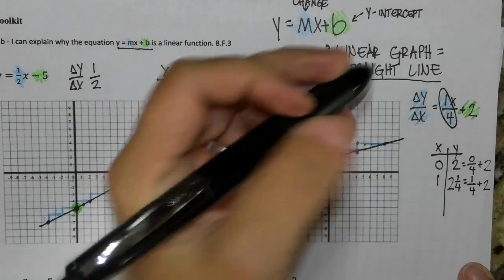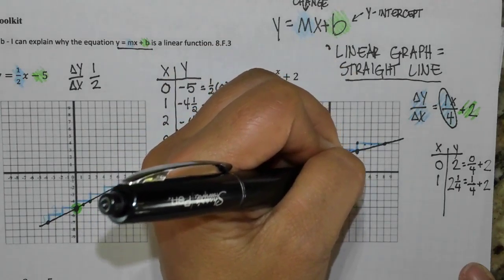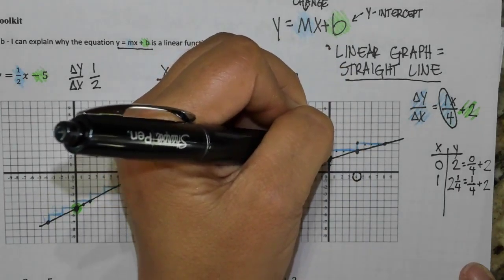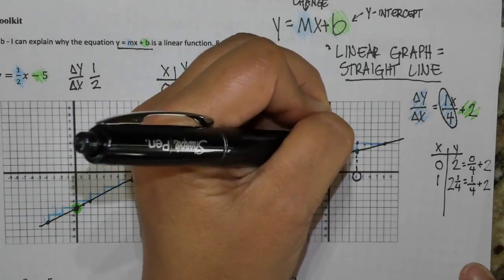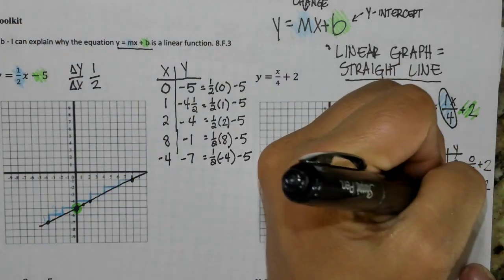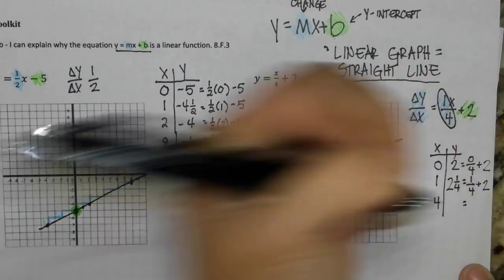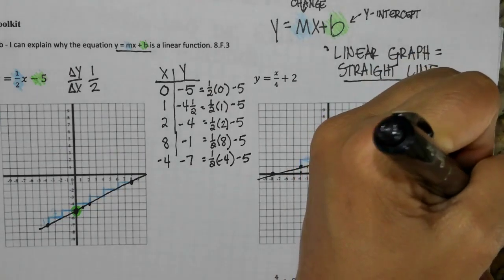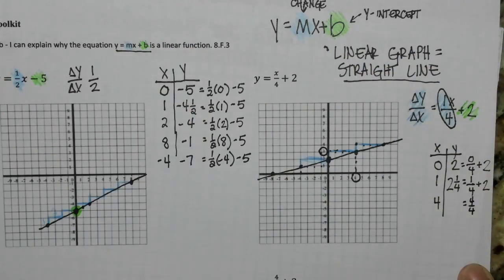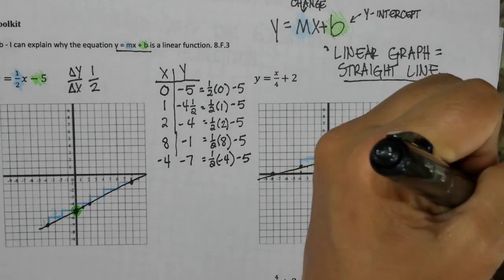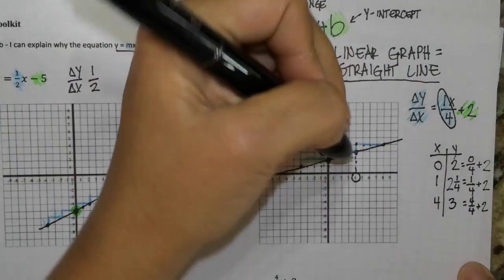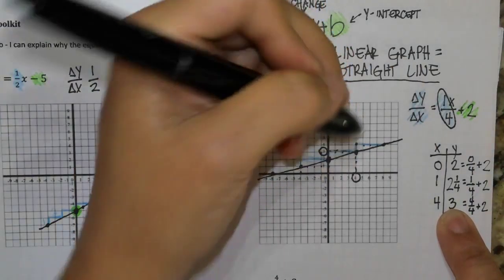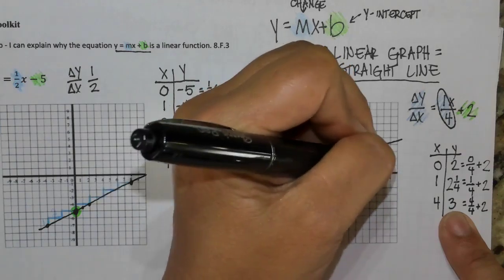So let's look at this point here, 4, and it should give us the answer of 3, right? If I were to look at those points right there, I'm going to go 4. So what that is, 4 over 4, which is 1, plus 2 equals 3. And there's that coordinate point. I'm going to check this point here, 8.